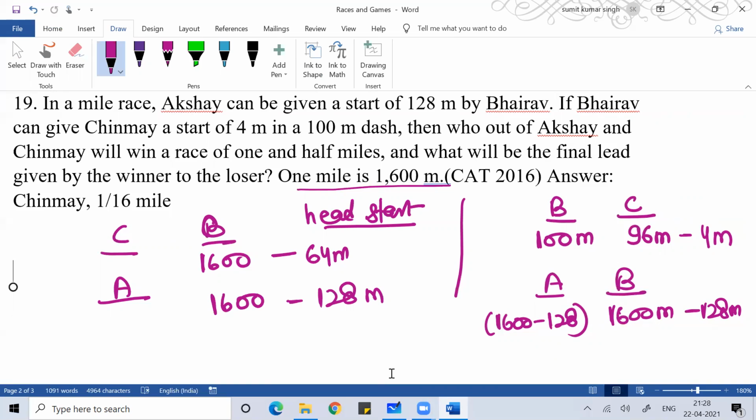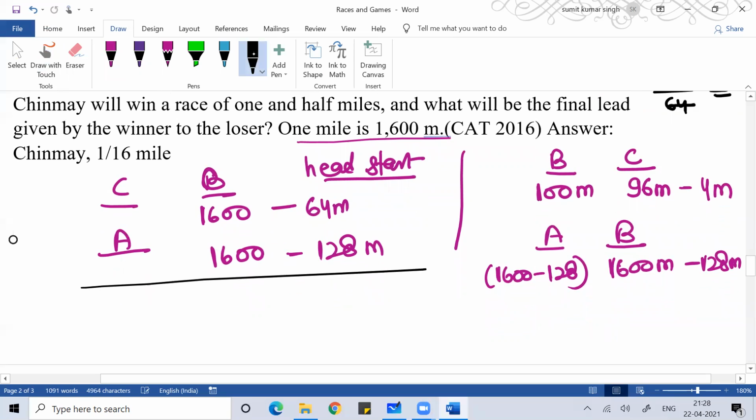So 1600 if I divide by 64, 16 for the 64, right? So this is 100 by 4, which means 25 meter.